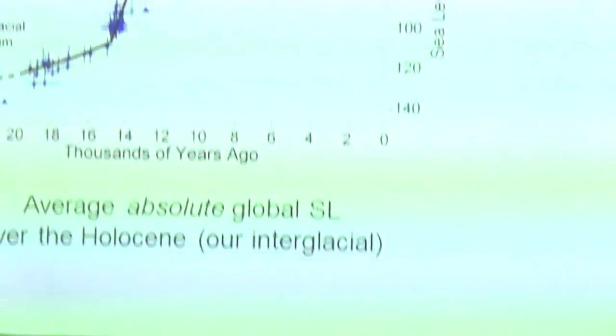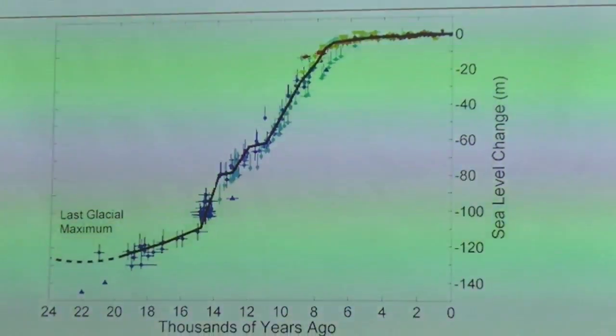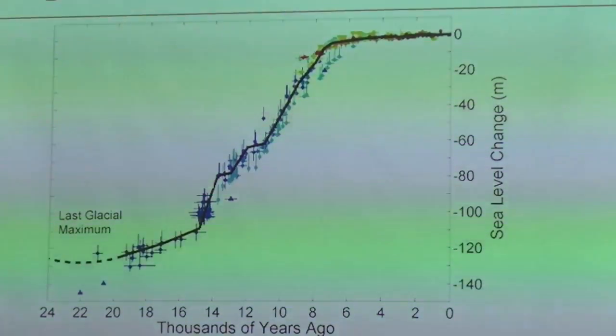But haven't sea levels been rising for a long time? For example, since the last glaciation, I mentioned that. These are the absolute global sea levels, the rise that we've had across our interglacial, the Holocene, since the last glacial maximum. So here we've got the present day, and we've got thousands of years before the present day here, and sea level change in metres.